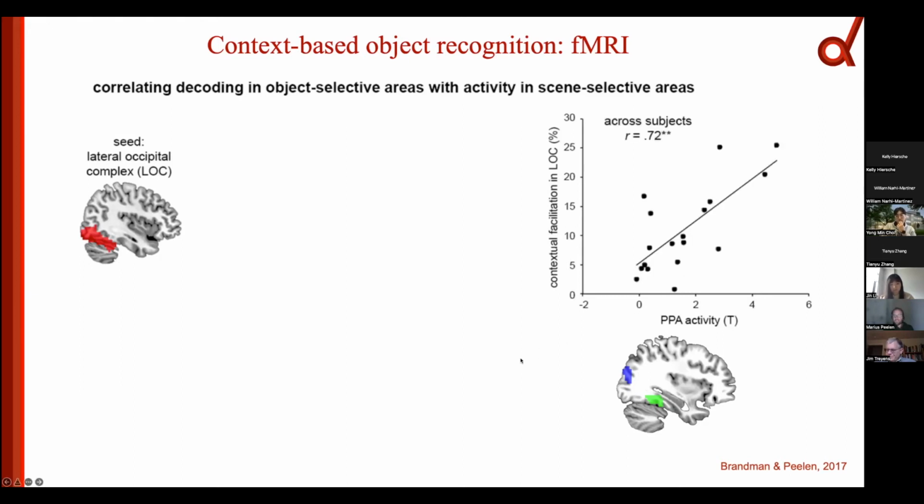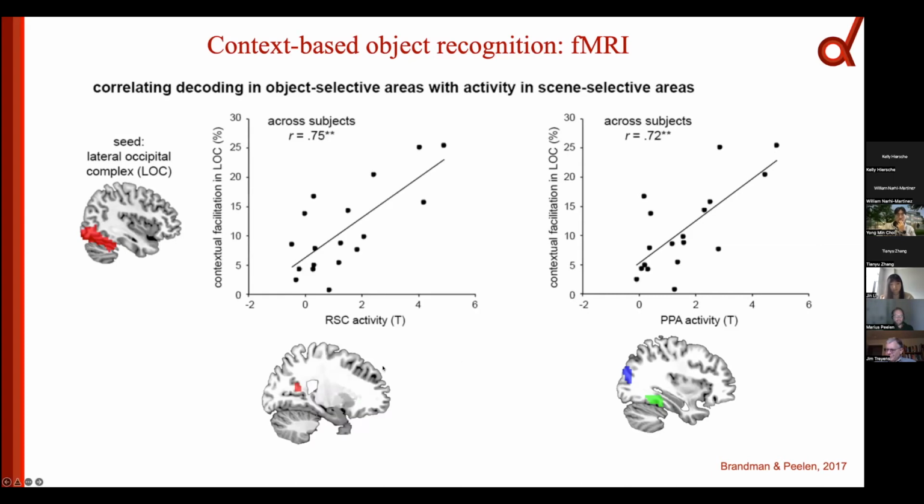And so we see that this correlates positively in all of these scene regions, with the subjects who show more activity in the scene-selective regions also showing a greater facilitation in object-selective cortex due to the scene context. So that provides some support, of course quite indirect, but some support that there is this interaction between scene-selective regions and object-selective regions.